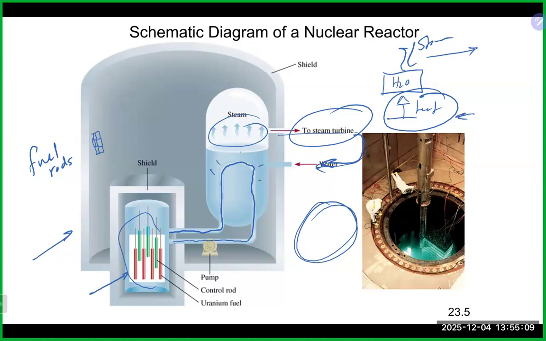What keeps this under control is a couple of things. They use a non-critical amount of uranium. And they also have other things in there which are known as control rods. And control rods are rods that are dipped in things like cadmium. And cadmium's a really good neutron absorber.